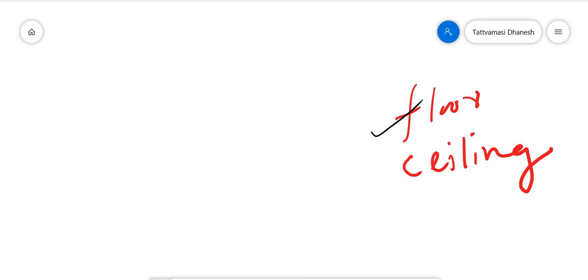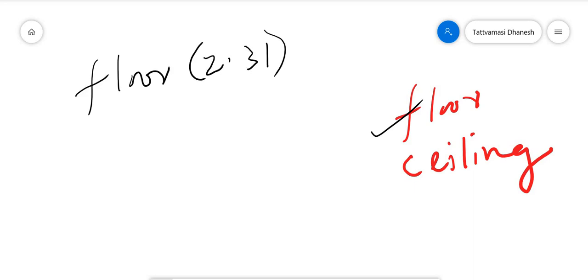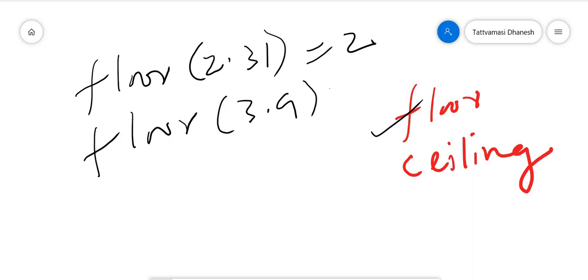For example, the floor of 2.31, any number, I'm just taking one example, is 2, and the floor of 3.9 is 3. It will ignore the decimal values and take the smallest one.